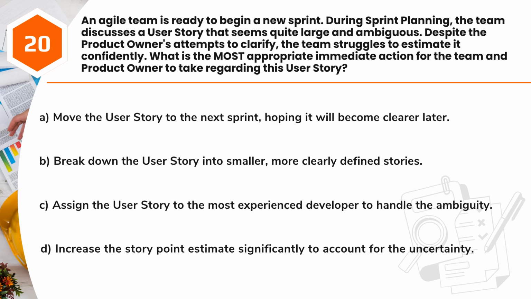A. Move the user story to the next sprint, hoping it will become clearer later. B. Break down the user story into smaller, more clearly defined stories. C. Assign the user story to the most experienced developer to handle the ambiguity. D. Increase the story point estimate significantly to account for the uncertainty.